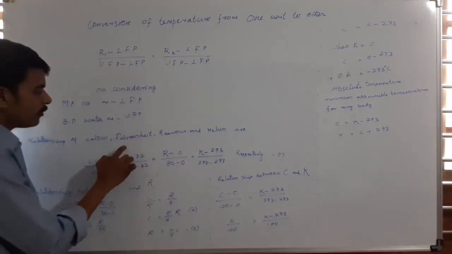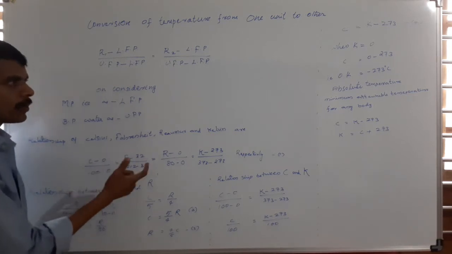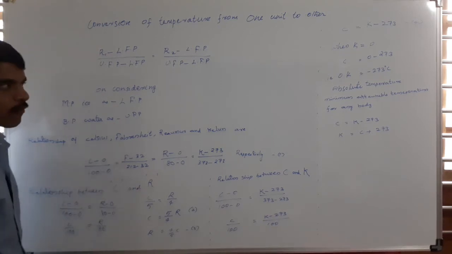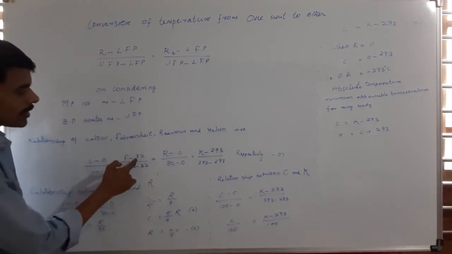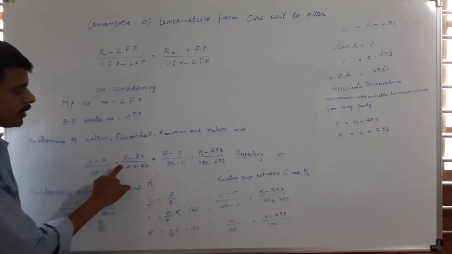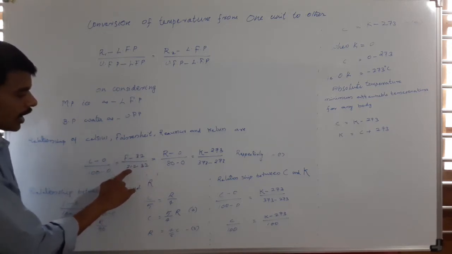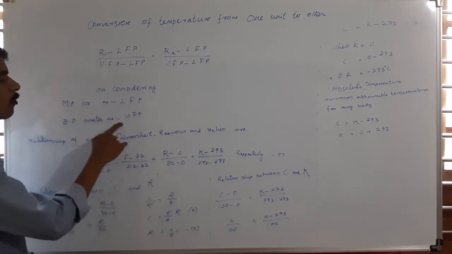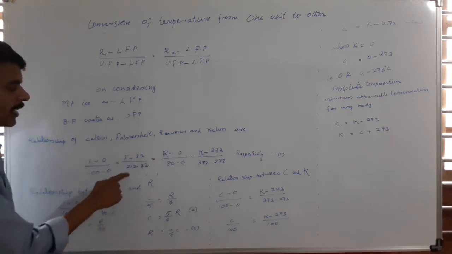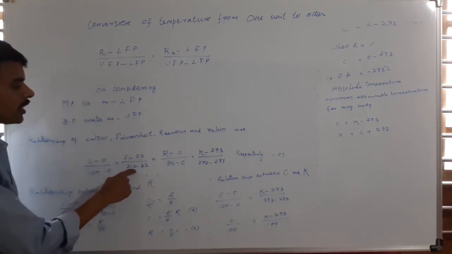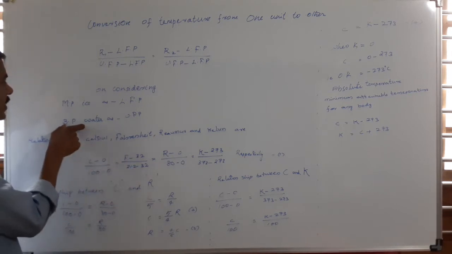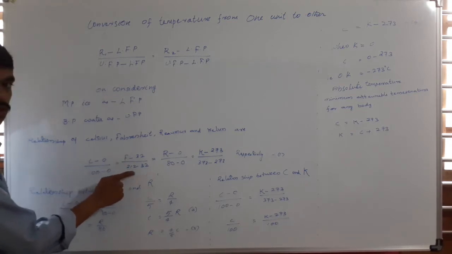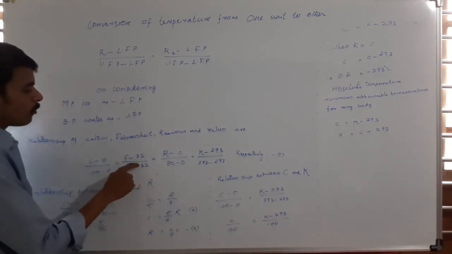Now we are comparing the Fahrenheit. We take a particular reading and consider it as F. So (F minus 32) divided by UFP. The UFP of Fahrenheit we have learned previously, it is 212. So 212 degree Fahrenheit is the UFP while considering the boiling point of water, minus the LFP of the Fahrenheit.